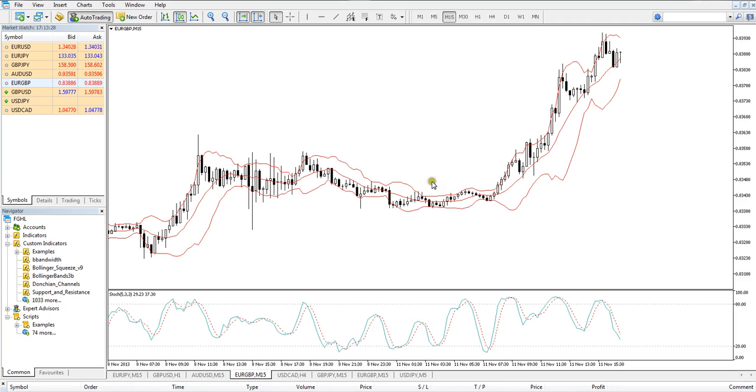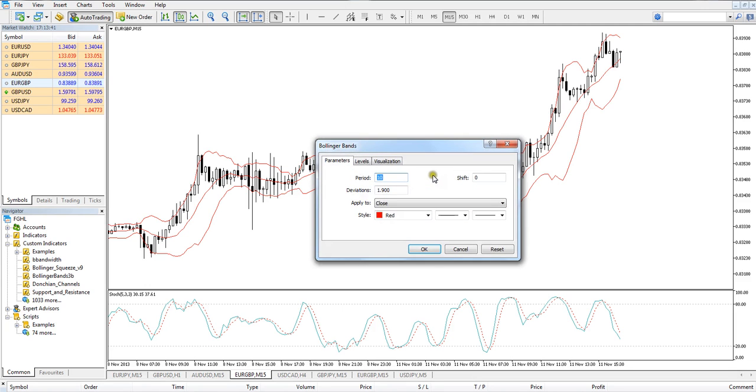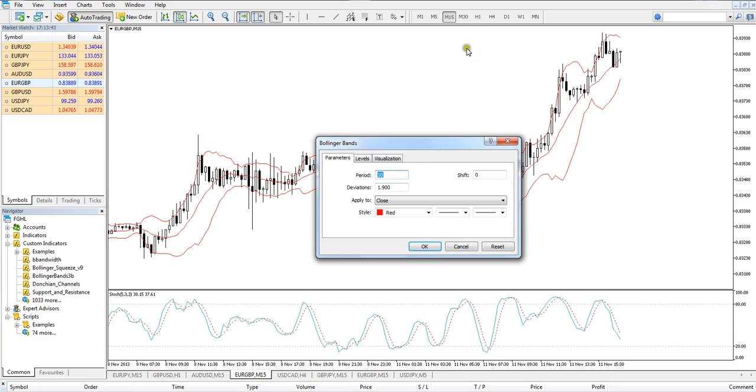So don't worry about what any of that means for now, because we're going to explain it in literally 1 minute. But what I firstly need you to do is to load up 2 indicators on your charts. The first indicator is the Bollinger Band indicator. If you're trading 1 hour or below, the period setting for that indicator needs to be 10.